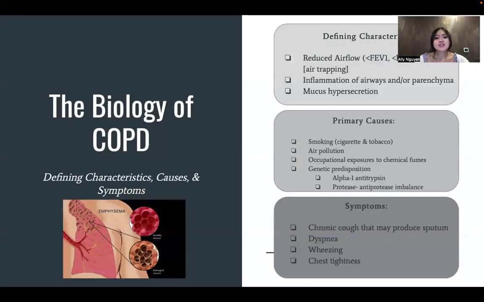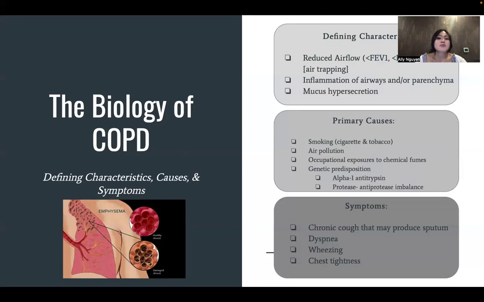Some of the defining characteristics of COPD include a reduced forced expiratory volume, a reduced forced expiratory volume to forced vital capacity ratio, and an increased residual volume. It can also be characterized by inflammation, mucus hypersecretion, and/or parenchyma. The primary cause of COPD is smoking, whether it's cigarette or tobacco smoke.